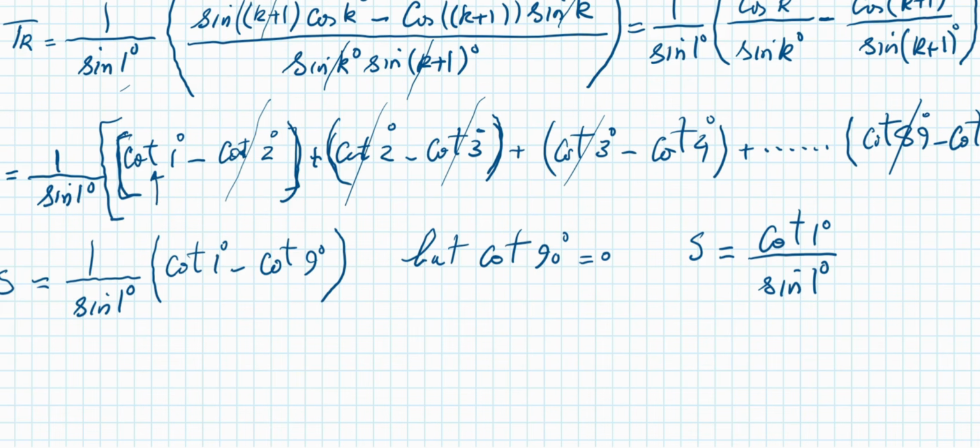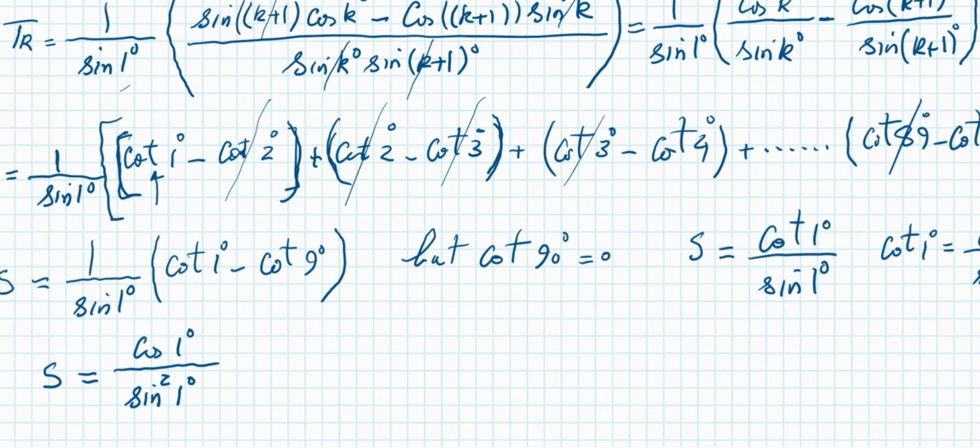And we simplify this further by writing cotangent of 1 degree as cosine of 1 over sine of 1 degree, and the summation would be equal to cosine of 1 degree over sine square of 1 degree.